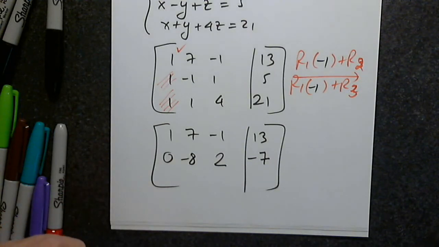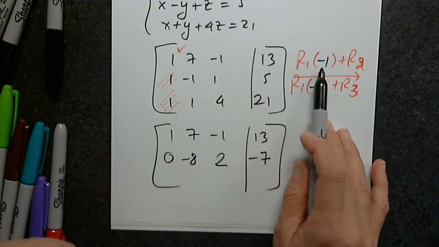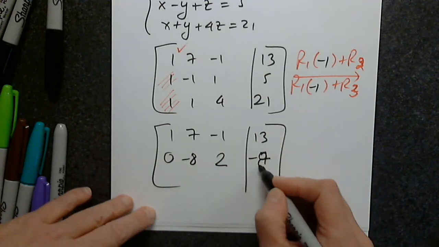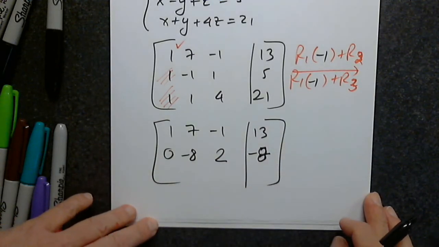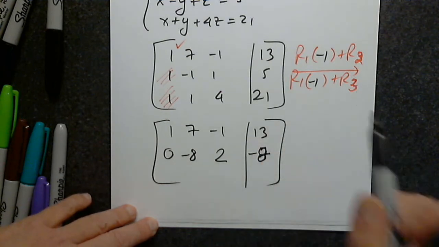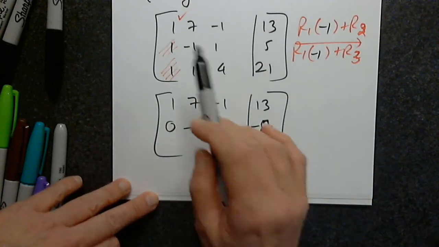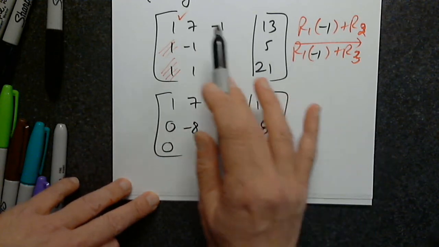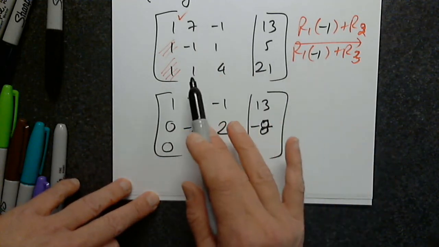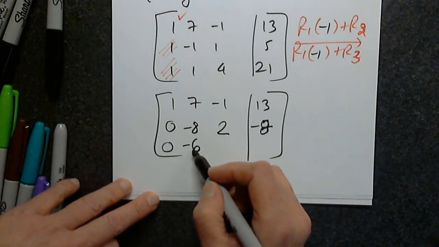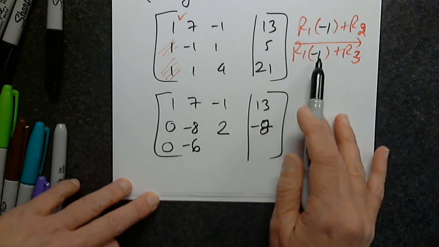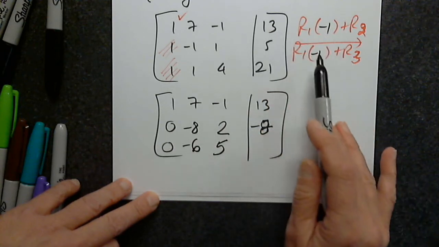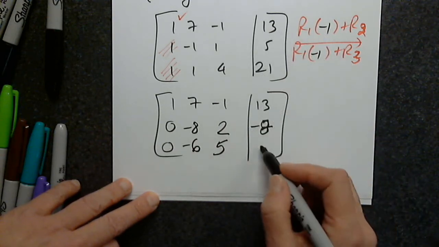Negative 13 plus 5 is negative 8. Good. So 1 times negative 1 plus 1. 7 times negative 1 is negative 7 plus 1 is negative 6. Positive 1 plus 4 is 5. And negative 13 plus 21 is 8.